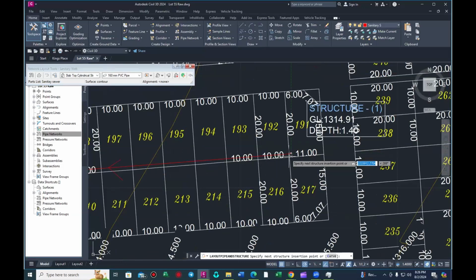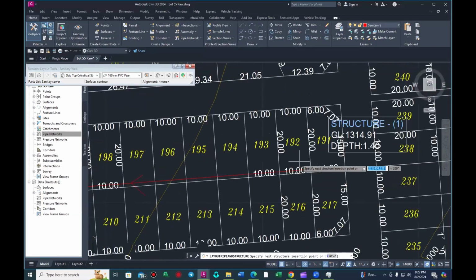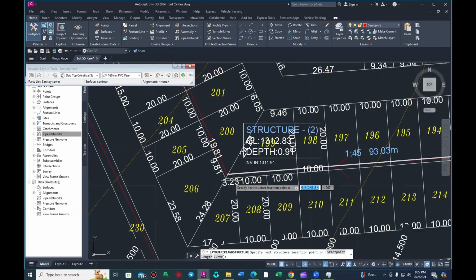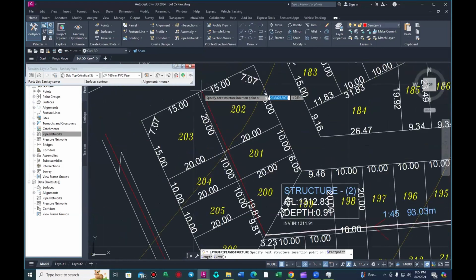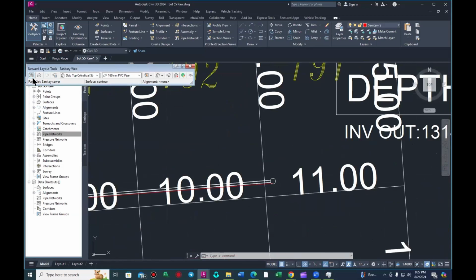There you go. As you can see, there's a structure. It's very small, right? Then I click there, right? As you can see, you guys, I've laid out my sewer there, and these structures are very small.